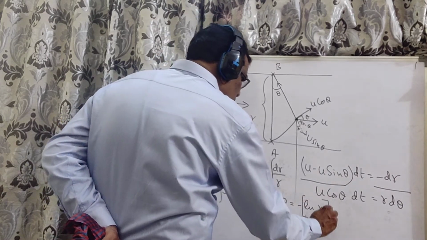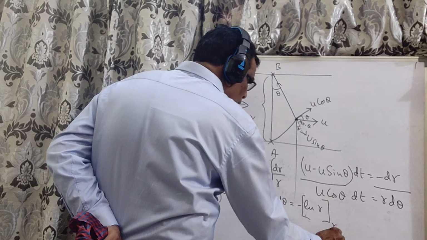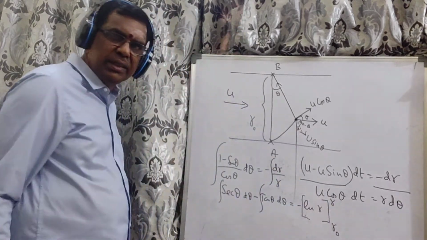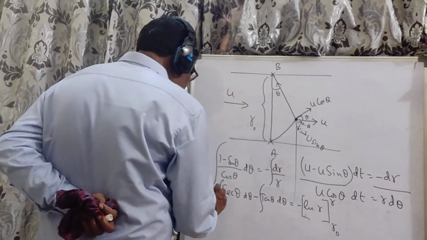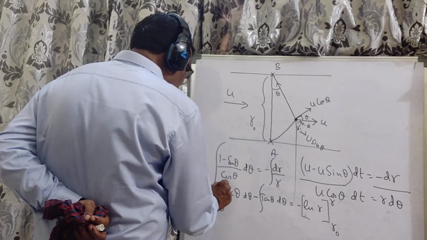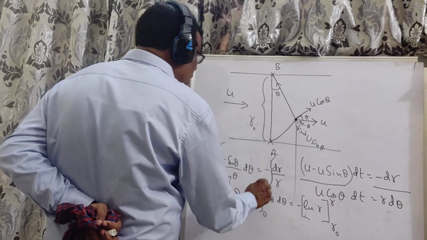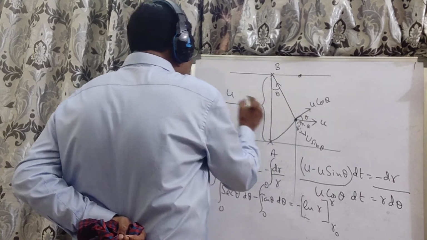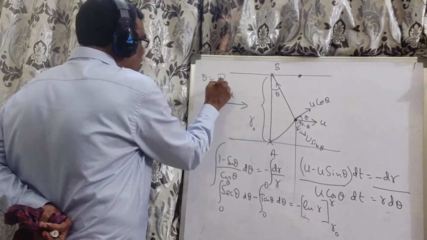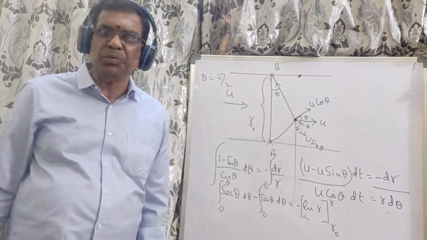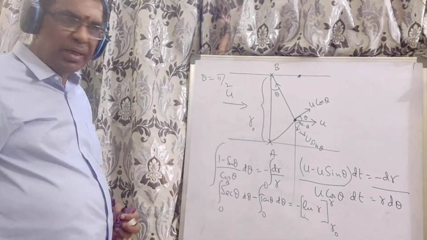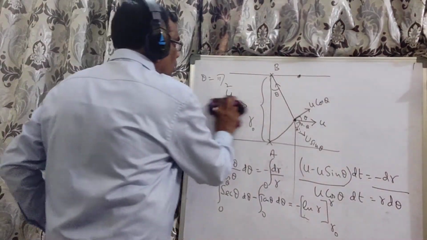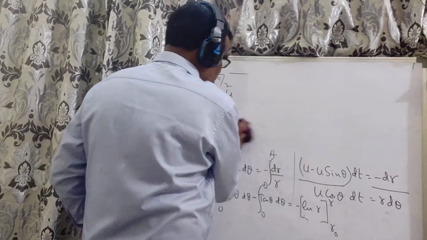Now limits, starting with r naught to any final distance r. These are all 0 to any theta, because theta starts at 0. Suppose if it reaches the other bank, that means theta is equal to pi by 2. If it reaches the other bank, I am not taking that case, I am generalizing it. Okay? Now I am erasing this part.